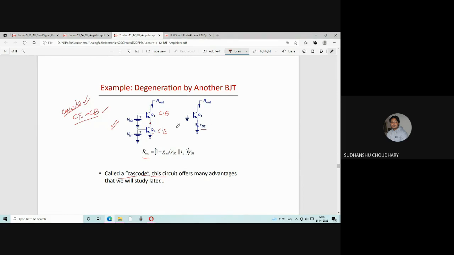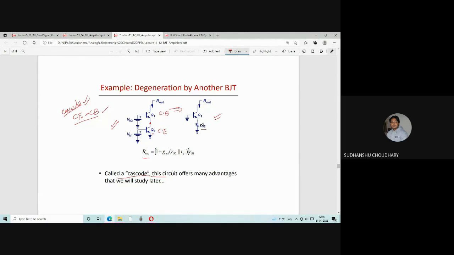I replace Q2 by simply a resistor RO2, because here is the output impedance of Q2, which we already know. So this circuit is simplified now into a common emitter circuit with emitter degeneration.